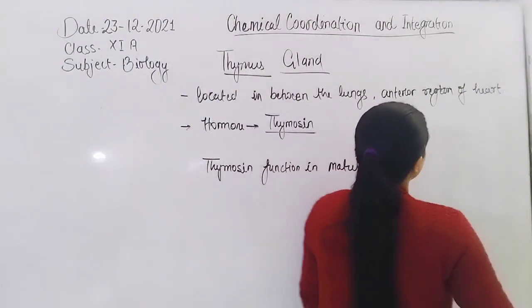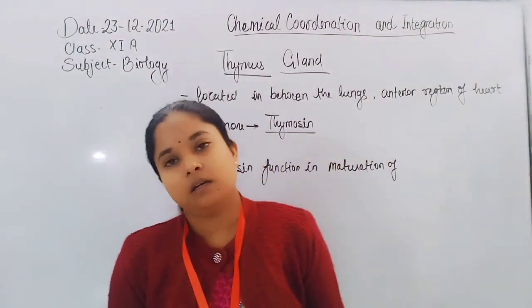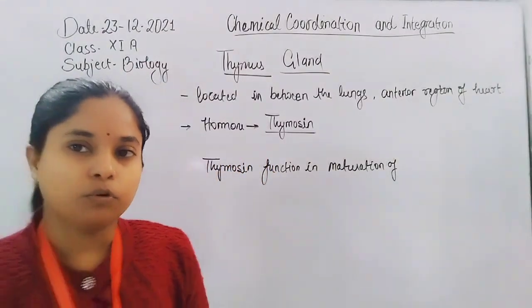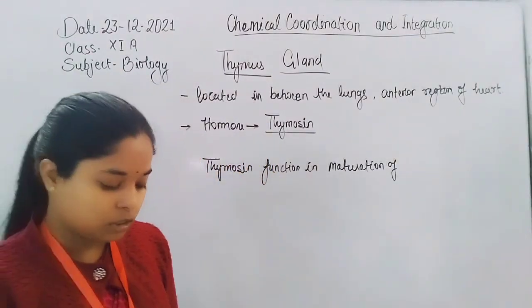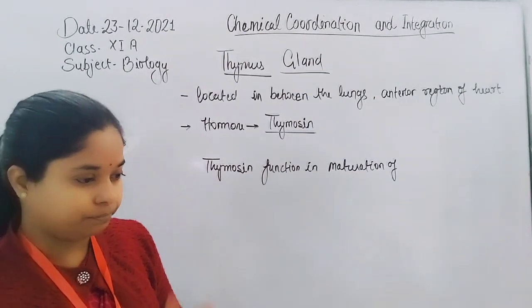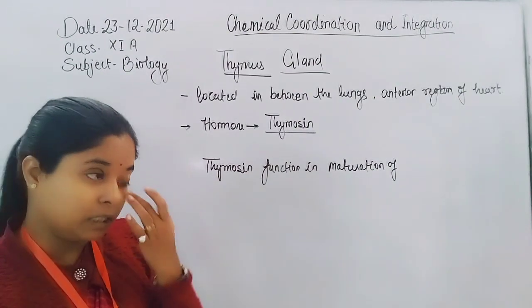But mostly T lymphocytes, because B lymphocytes mature in the bone marrow. That's why, on the basis of their maturation, they are denoted by T and B lymphocytes.